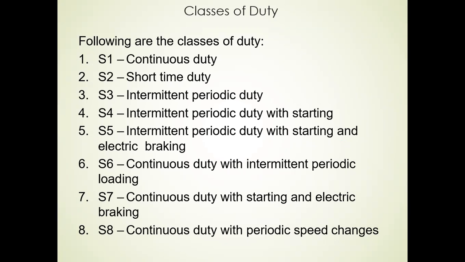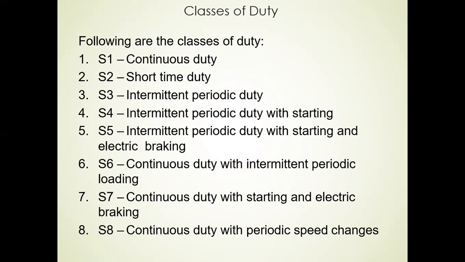First one is S1, continuous operation at rated load, denoted as continuous duty. Next is S2, short time operation or short time duty. S3 is intermittent periodic operation. S4 is intermittent periodic operation with starting, and S5 is intermittent periodic duty with starting and electrical braking.